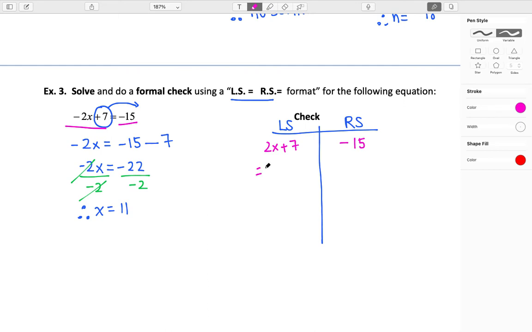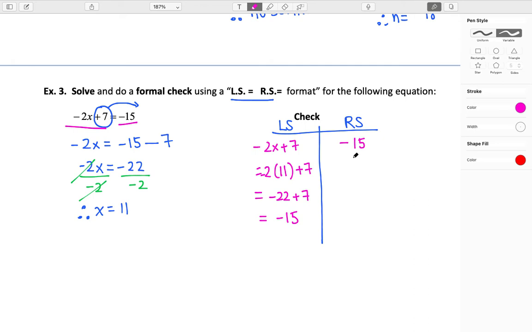I'm going to plug my x into the equation, which is negative 2 times 11 plus 7. I don't need to plug anything in on the right side because it's just a number. So negative 22 plus 7 will give me negative 15.